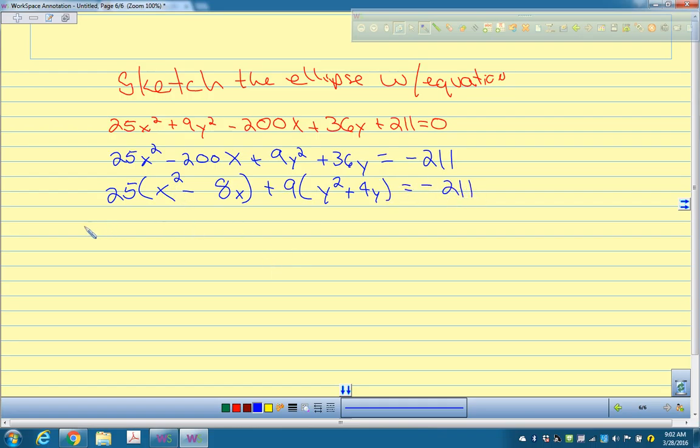Now I'm going to complete the square. 25 times x minus 4, half of that, 4 squared, plus 9 times y plus 2 squared equals negative 211 plus something else. The reason these numbers are so weird to start is because it ends up being nice at the end.